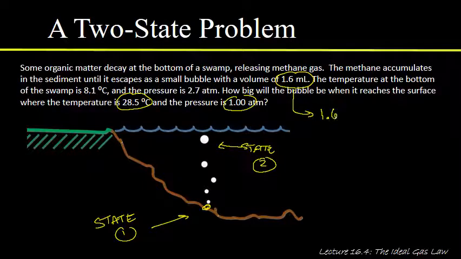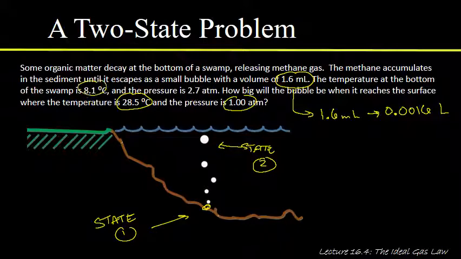1.6 milliliters. This is a simple conversion. We've done these before, so I'm not going to write out all the steps. You can work through this to check and make sure this is correct. But 1.6 milliliters is 0.0016 liters. Okay.